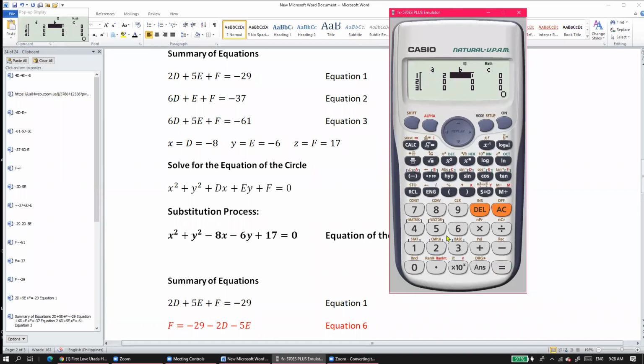2, 5, 1, then negative 29, 6, 1, 1, negative 37, 6, 5, 1, and negative 61.